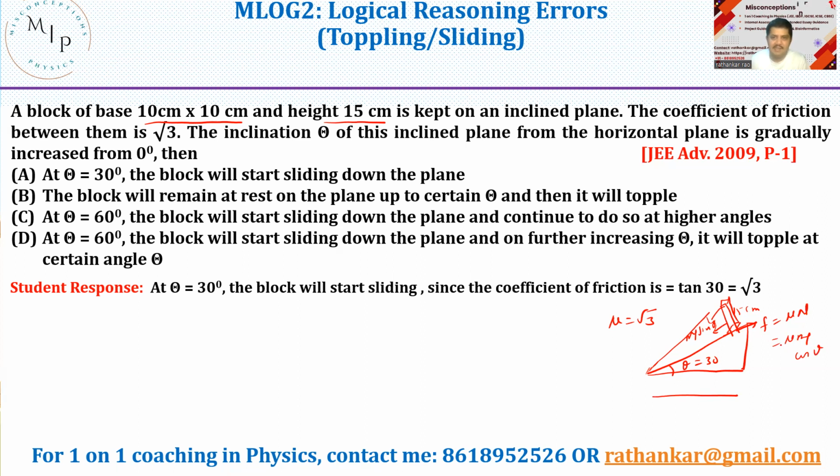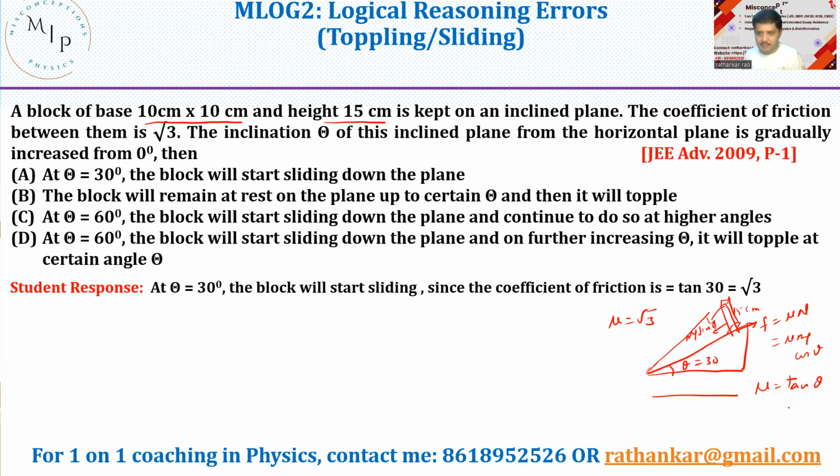Now, what does he say? We have mg sine theta equal to so much, and f is equal to so much over here. Now, we know that mu is equal to tan theta. We have called this the angle of repose. Mu equal to tan theta, which means if you have been lifting this plane slowly upwards like this, at a particular angle the object starts sliding.